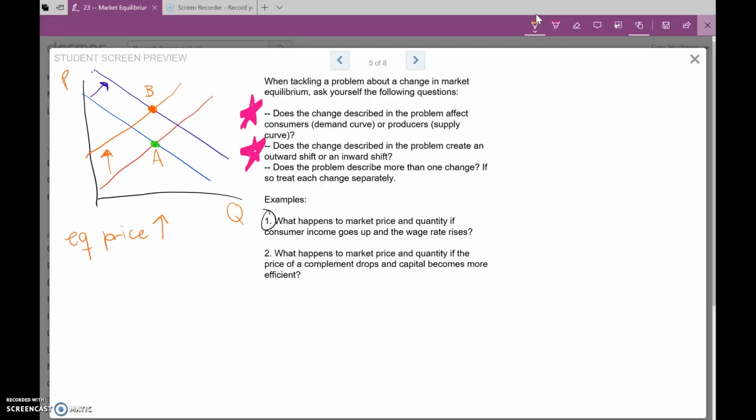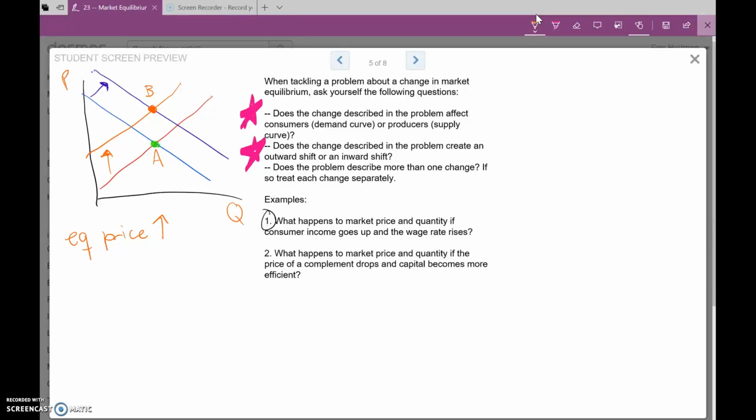So we actually cannot tell just from this drawing whether equilibrium quantity would go up or down. Depending on the steepness of the demand and the supply curve, point B could have ended up to the right of point A, so that would have been an increase in quantity exchanged. Or point B could have ended up to the left of point A.